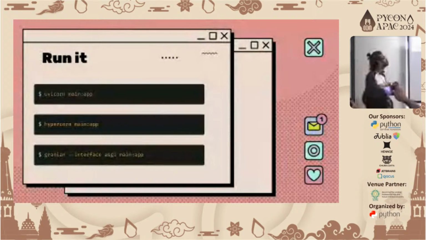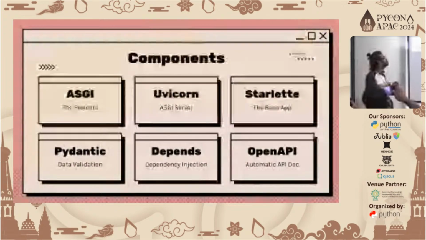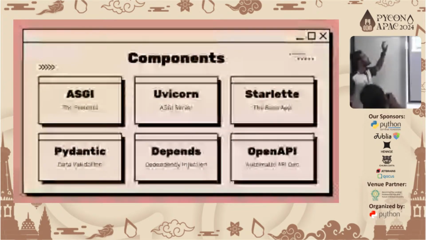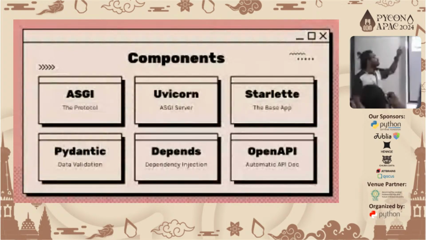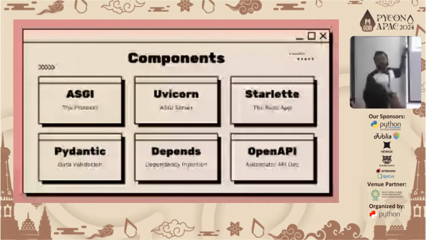We need a server for our application. I use Uvicorn in this example, but you can use any server.